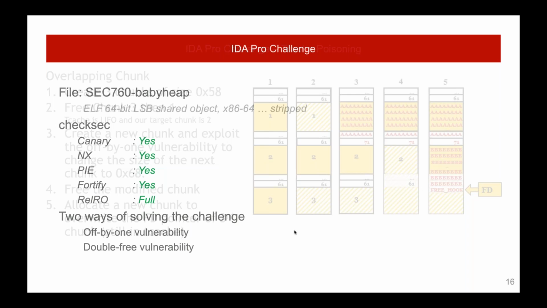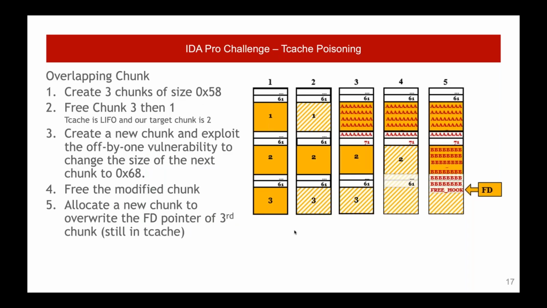Okay, so the end goal for us is the tcache poisoning. And this is on step 5, this is how it should look like. What you want to do is override the metadata of a chunk that is already in the tcache, making the allocator think that there's an extra chunk in the tcache, and if we return it, we're able to overwrite whatever is there.